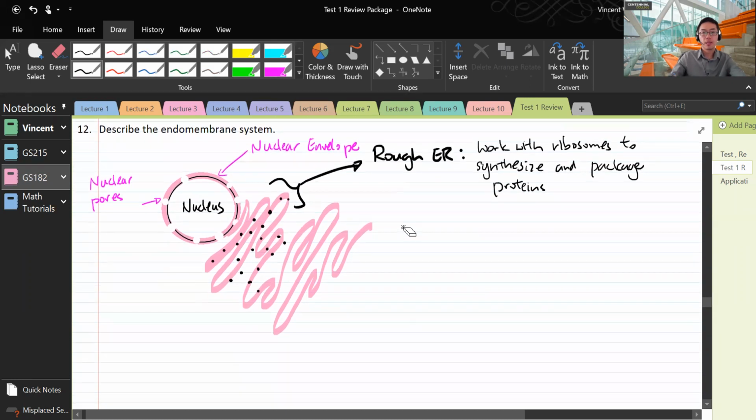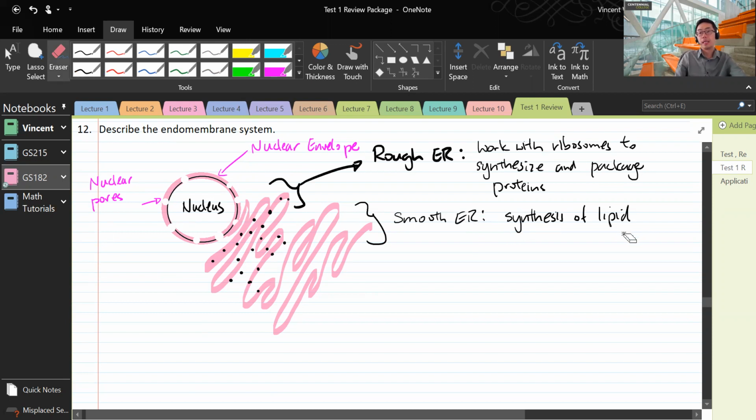Over here, we have our smooth endoplasmic reticulum, and it has everything to do with lipids. So synthesis of lipids. Remember, lipids include things like phospholipids. So if you want to make extra membrane, you're going to need the smooth ER.